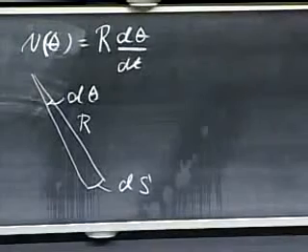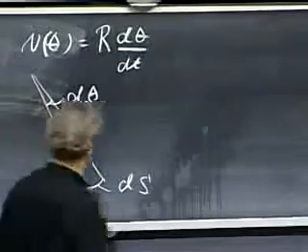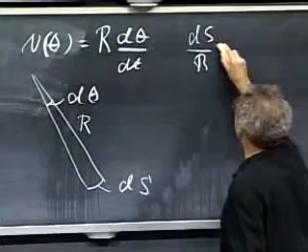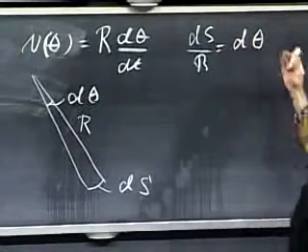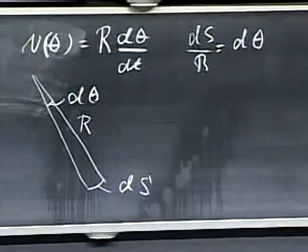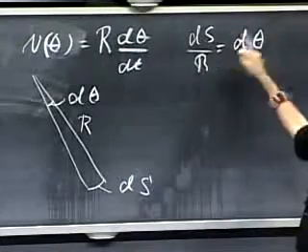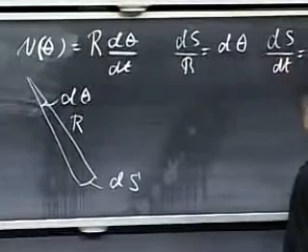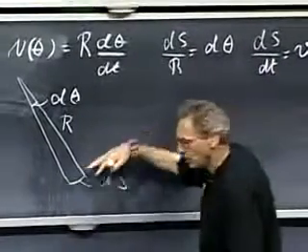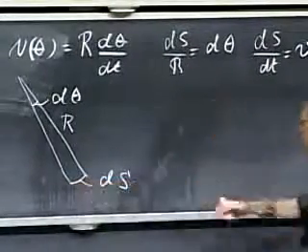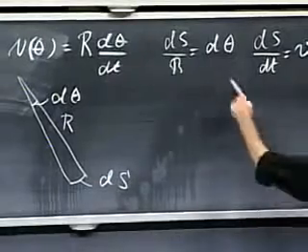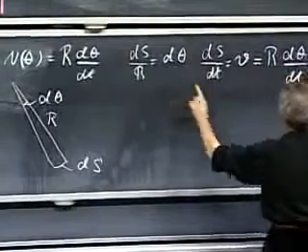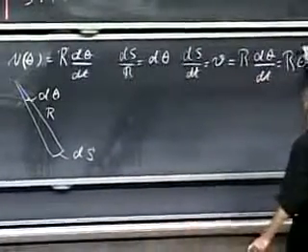The definition of theta, which is in radians, is that ds divided by r equals d theta. That's our definition of radians. So I take the time derivative, left and right. So I get ds/dt, which, of course, is the tangential velocity along that arc, equals r times d theta/dt, for which you can write r theta dot.